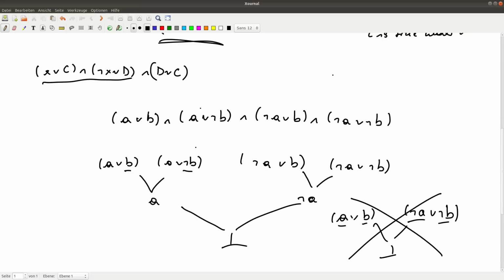We may take only one pivot, and as I mentioned before, if we have A or B and not A or not B, and take for example B now as the pivot, then we would derive the clause A or not A, which is a tautology, and this one doesn't help us to derive a contradiction, so we will not do this.